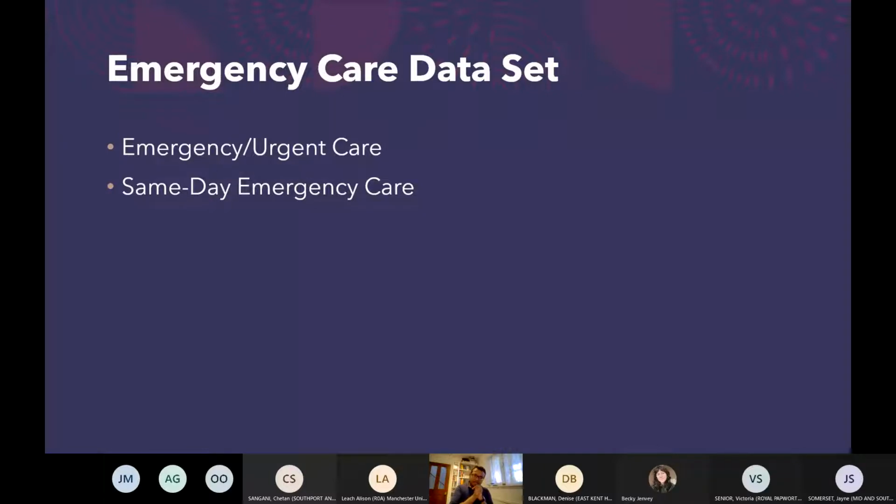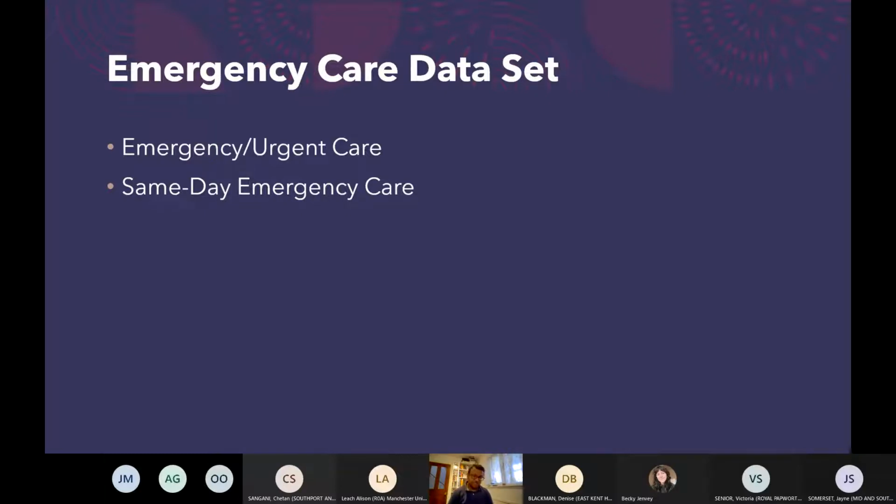And at the moment, that's it. But over the next year or a couple of years, same day emergency care is going to be added into that data set. So that's where a lot of the CDU work, SAU work, these surgical assessment units, medical assessment units, clinical decision units, whatever your same day units are called, where people come in and don't stay, they stay for a few hours, get assessed, and then discharged home.